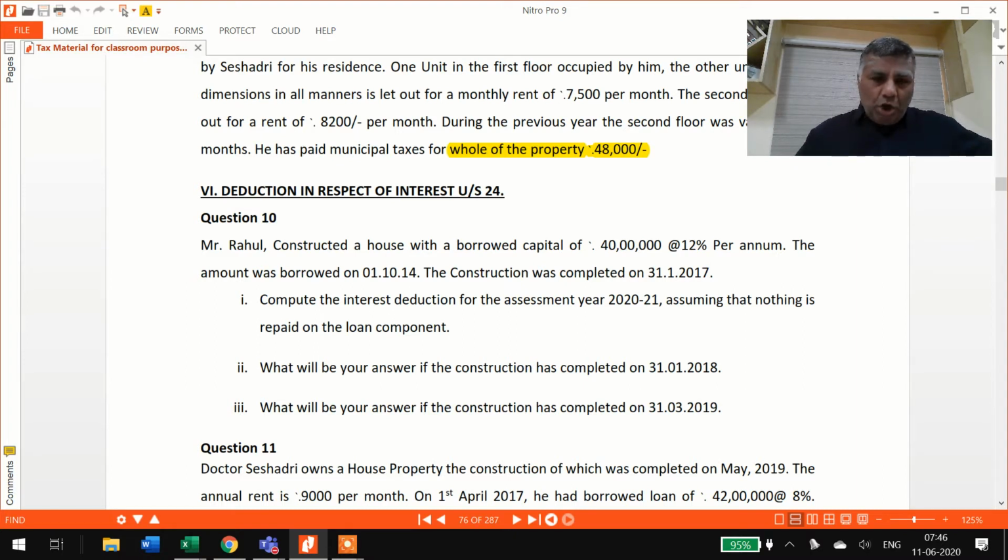The amount was borrowed on 1/10/2014 and construction was completed on 31/1/2017. Compute the interest deduction for the financial year 1920, which is AY 2021, assuming that nothing is repaid in the loan.